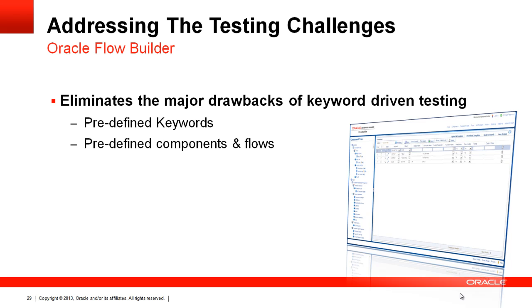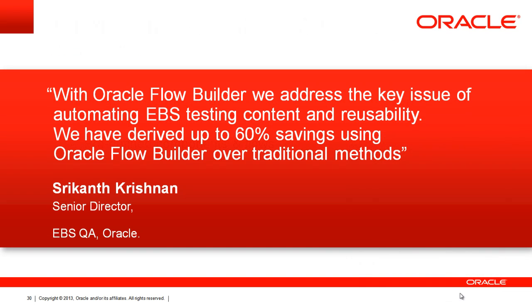And it eliminates all the major drawbacks of keyword-driven testing by providing predefined keywords and predefined components and flows. The Oracle E-Business Suite Quality Assurance team have been using Oracle Flow Builder for their test automation, and they are saving up to 60% of their time compared to using record playback.